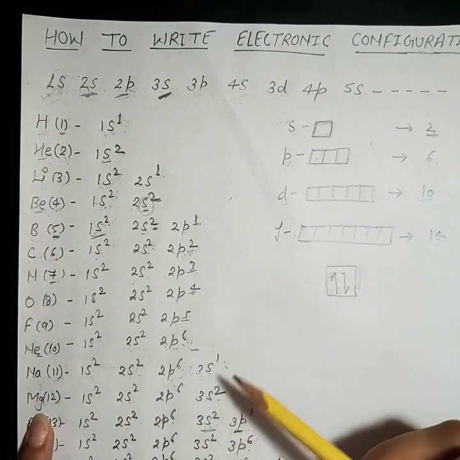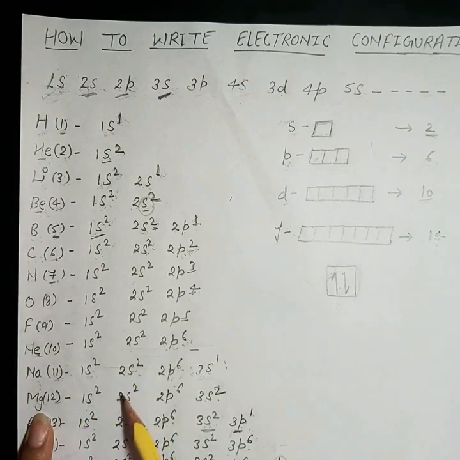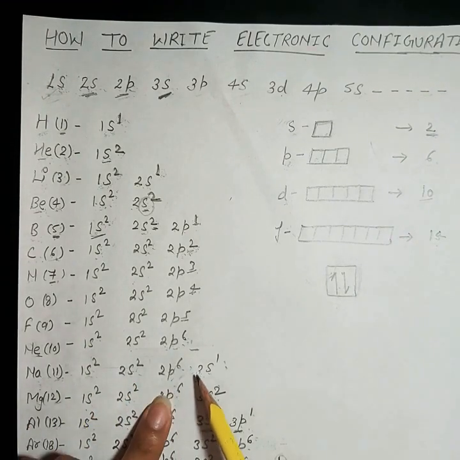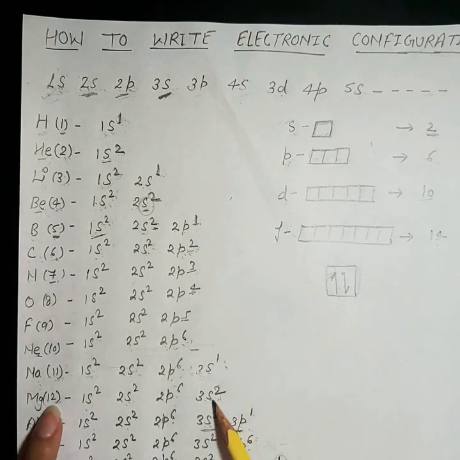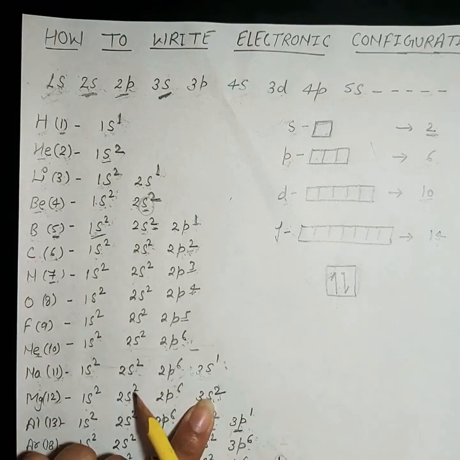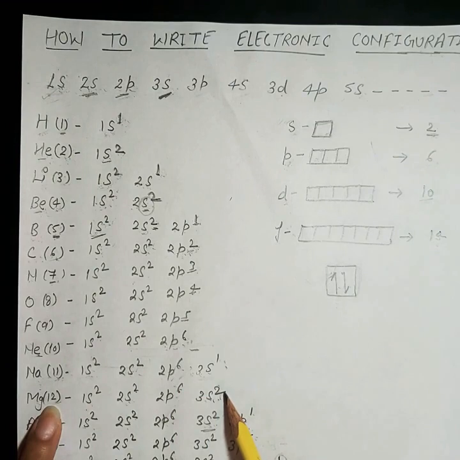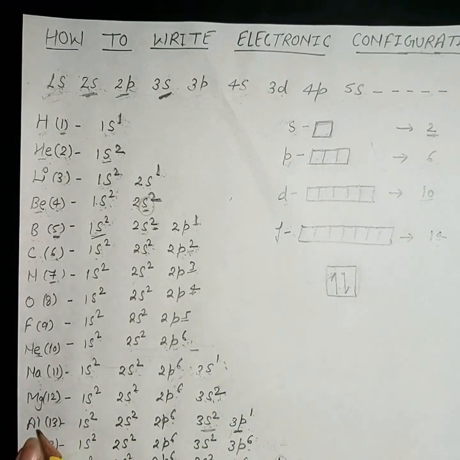Again for magnesium, 1s2, 2s2, 2p6 and 3s2 instead of 1, because in this case we have to distribute 12 electrons. You can check 2 plus 2 plus 6, 10 plus 2, 12. Now for aluminium, aluminium has 13 electrons.